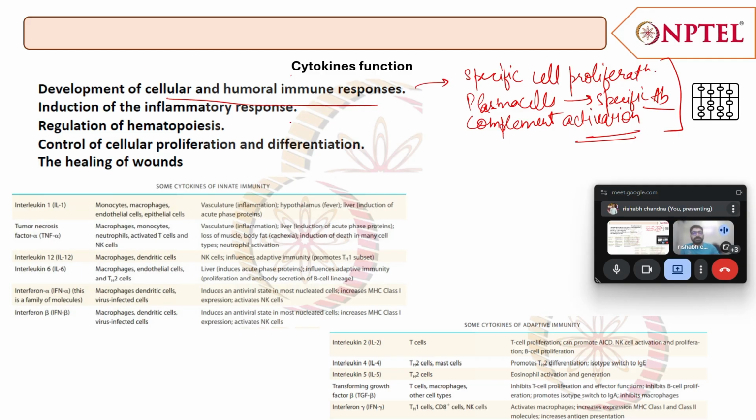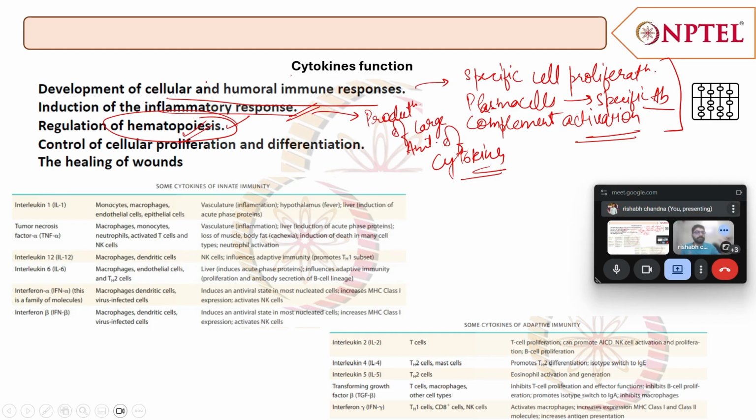Then they can induce inflammatory response. Yes, the inflammatory response is basically production of a large amount of cytokines. Okay, then we have regulation of hematopoiesis. Yes, which type of cells are to be produced. So these are actually done by the cytokines, and which type of cell a progenitor cell will produce is also taken care of by the cytokines.